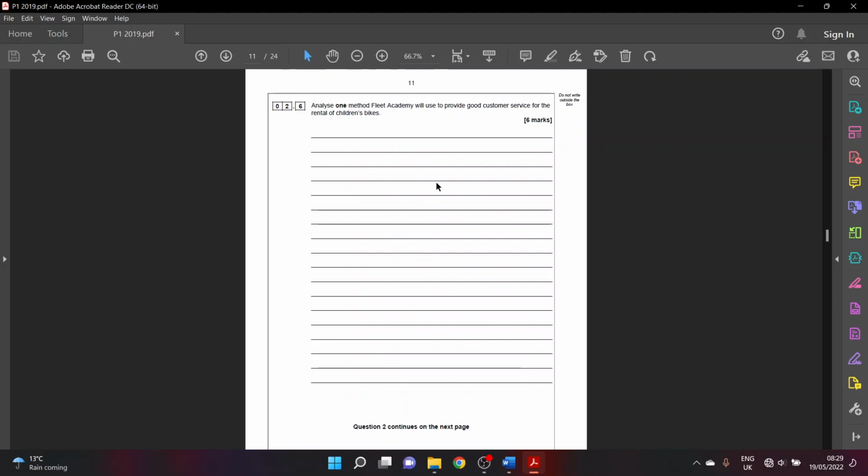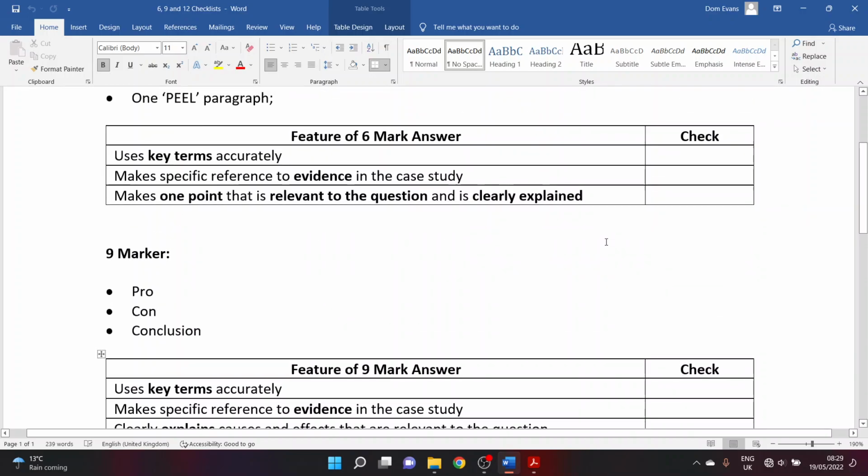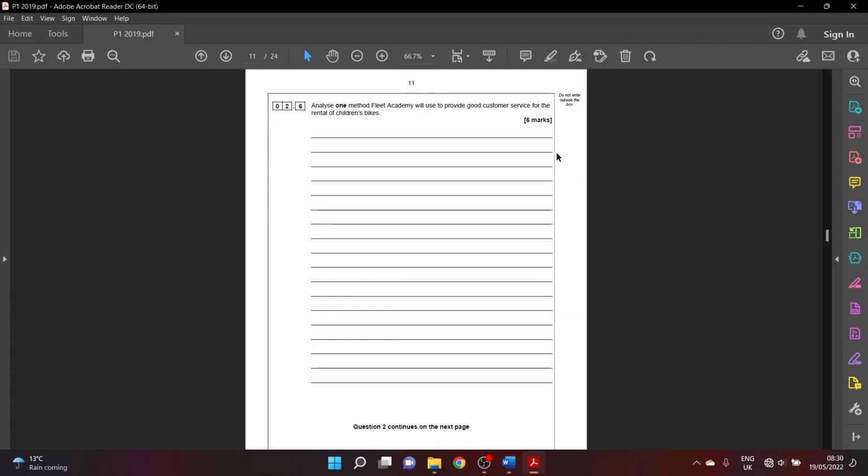So I would say that's plenty there for a 6-mark question. It's really only a paragraph that you need for a 6-mark question. 6-mark questions are the ones that students get most confused with. Most people are happier with a 9-mark question. The key thing of the 6-mark question is you have to explain in detail one thing.